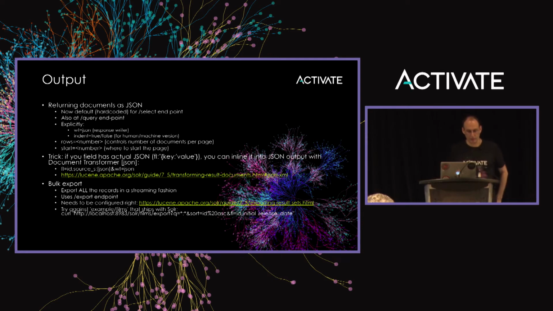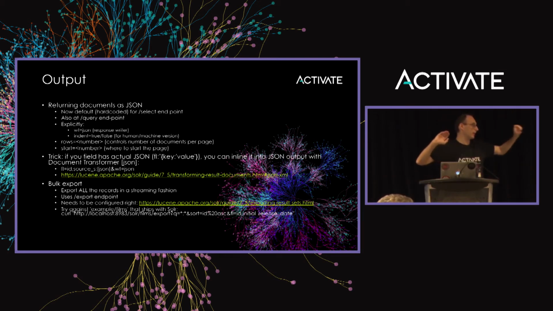We also have a query endpoint which basically does the same thing. Not sure why anymore. Maybe it will go away. You can also explicitly specify it if you have your own endpoints or if you want to do different things at different times. So you can specify the response writer to be JSON. If you have a field which contains a fragment of JSON, this is one of the nice things, you can actually inline that when you return your object.